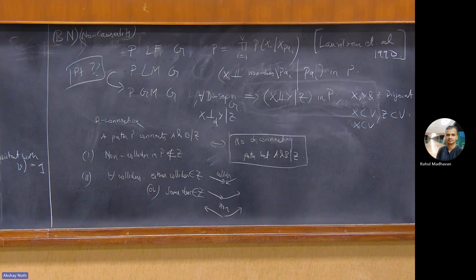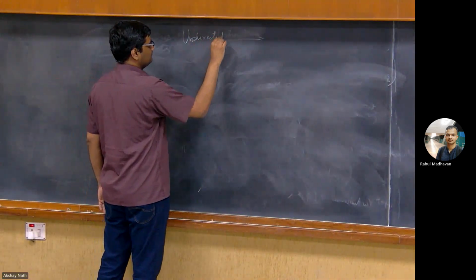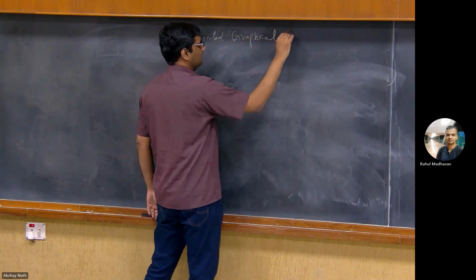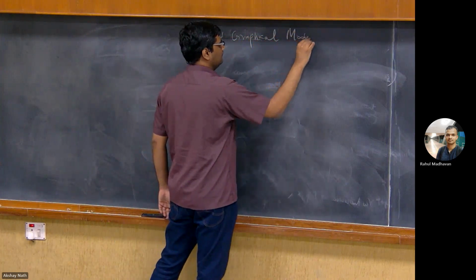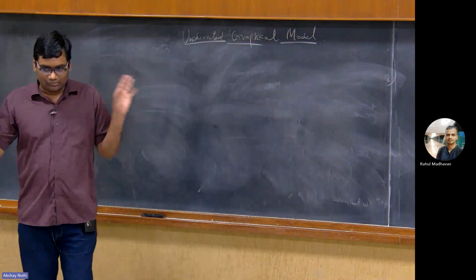Before we go into Bayesian networks, let's spend some time with conditional independencies, undirected graphs, and so on. So this is an undirected graph. It's a different thing, a different object.